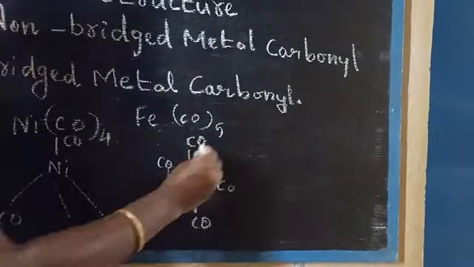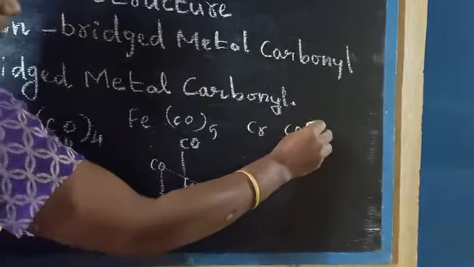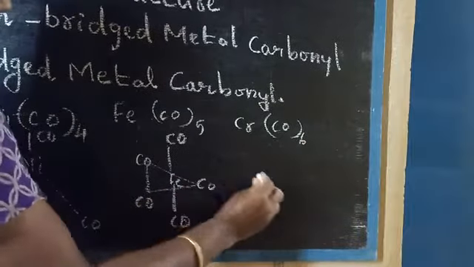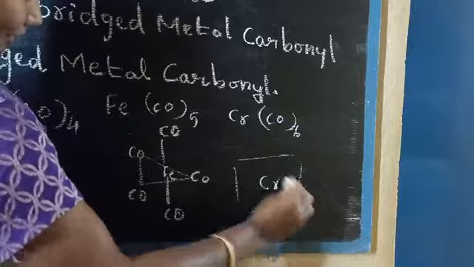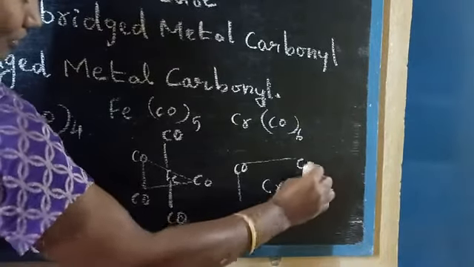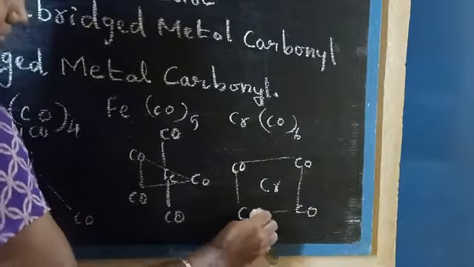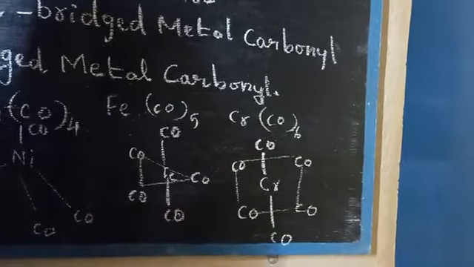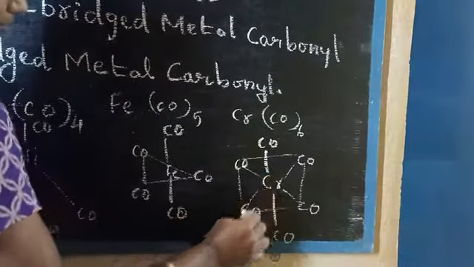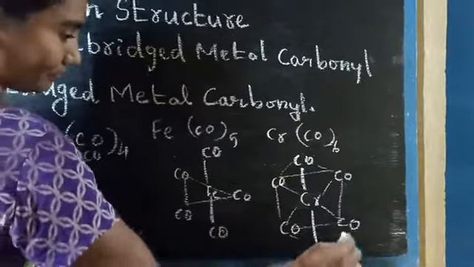Next, Cr(CO)6. Here the center is Cr, and this one is octahedral, with CO on each position. Totally how many? Six.